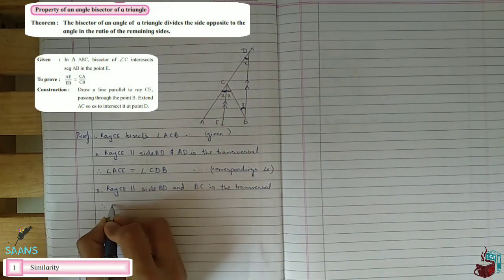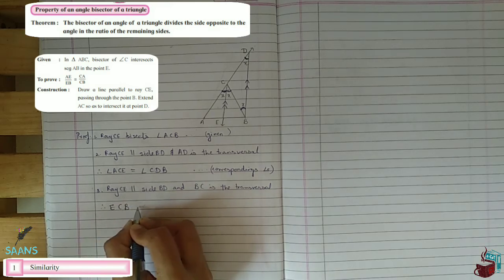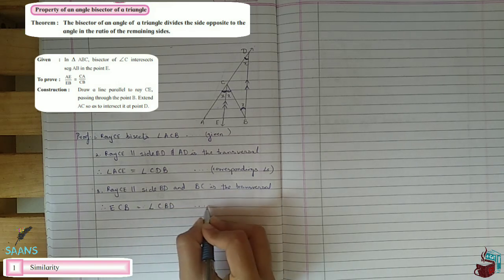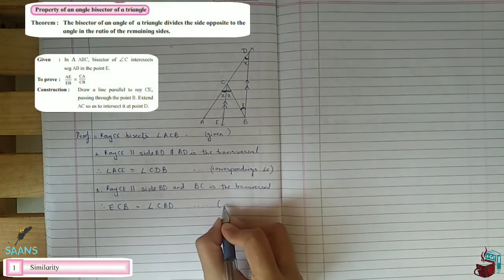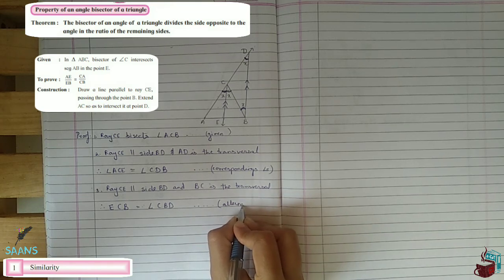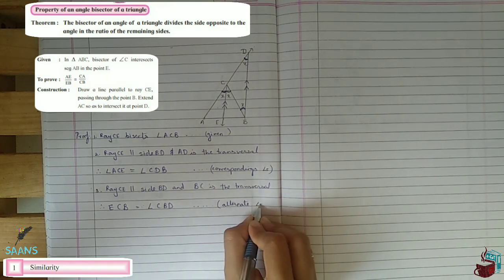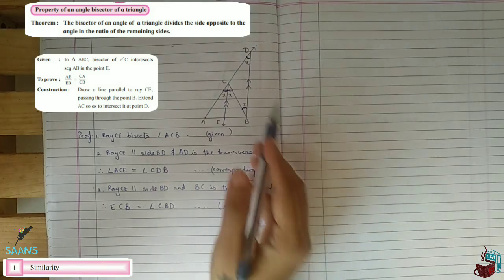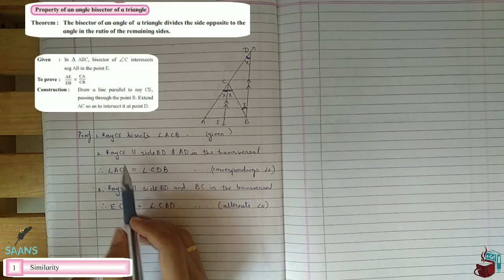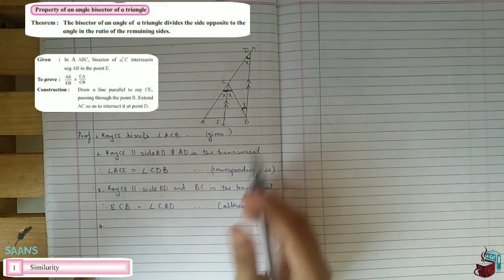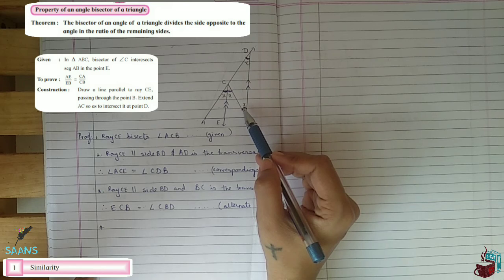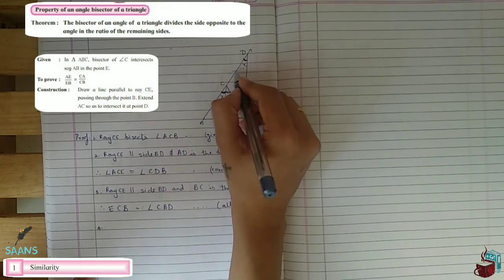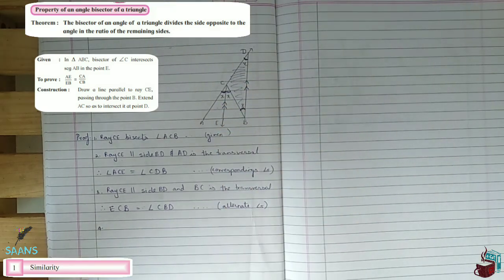So then we write angle ECB is equal to angle CBD. Now Z means alternate angles. Alternate angles are congruent. So this we have done. Now from all of the above, from 2 and 3, this is equal to this is equal to this. So we come to know that these two angles in this particular triangle are congruent.